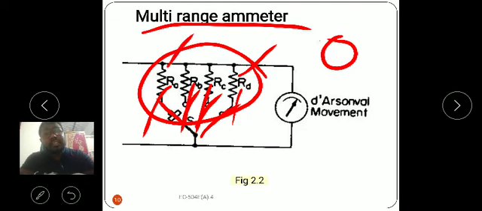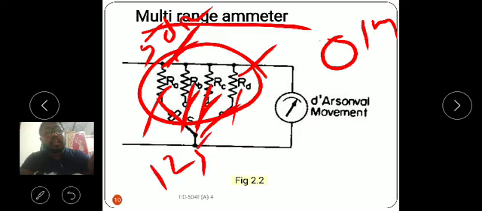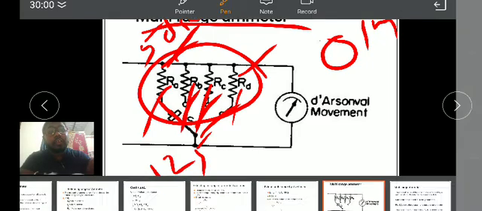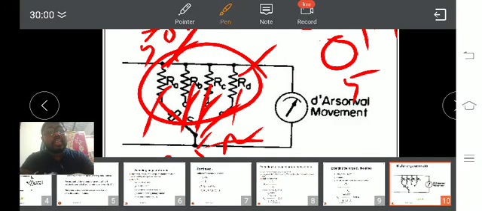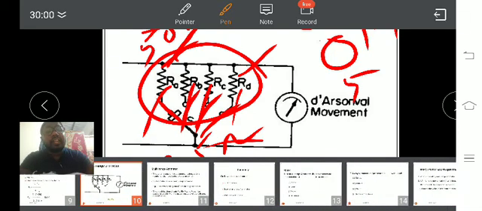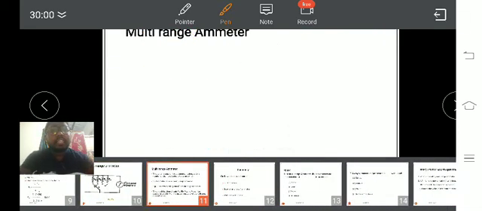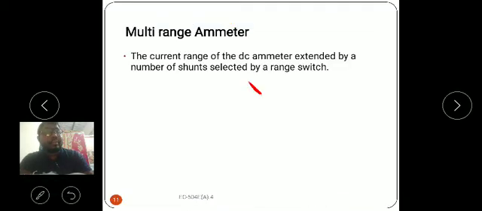Here I am taking a shunt resistor of, for example, 50 ohms. Then 50 ohms means we are getting a meter range of 1 milliamp. For example, here I am taking a 12.5 ohm resistor, used like RB. Then we calculated the meter range as 5 milliamps. That means based on the resistance value we calculate the total range of the DC ammeter. That is the concept of the DC ammeter.